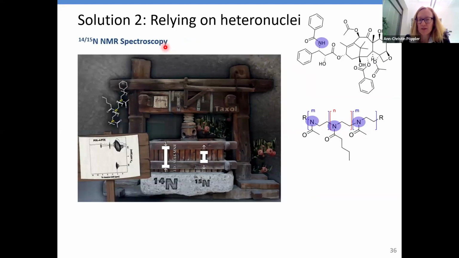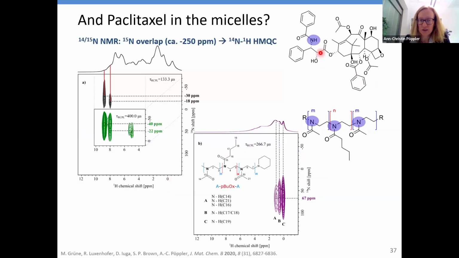The problem was that for the individual molecules, the chemical shifts in the 15N barely differed, they were all around minus 250, which is why we went to 14N as a nucleus, and we made use of the second order quadrupolar shift to have a larger spread over this 14N shift region.